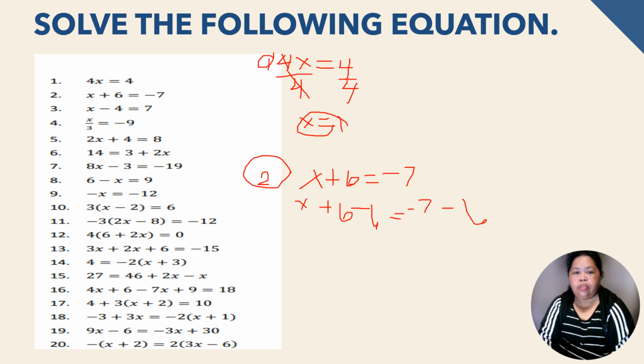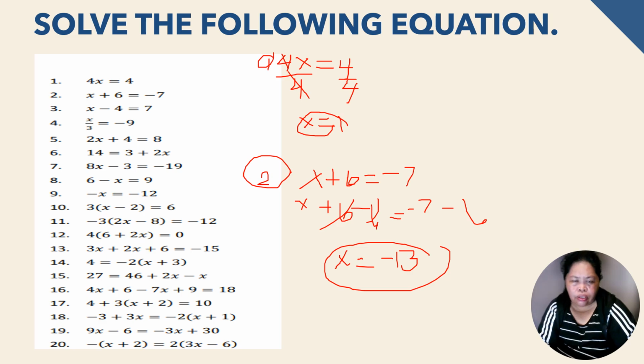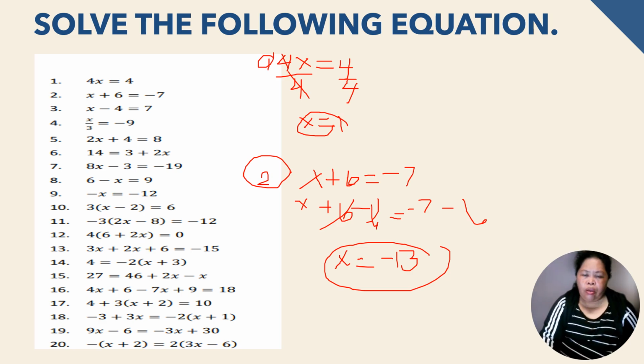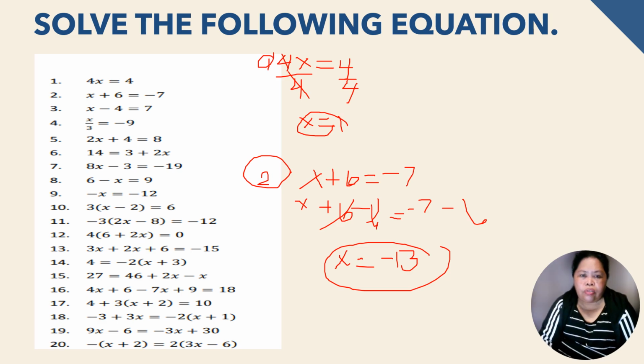Okay, so we have here, this one is cancelled. So x is equal to negative 13. Right? So as you can see here, negative 13, if you are going to check your work, this is negative 13 plus 6 is negative 7. So that is correct.